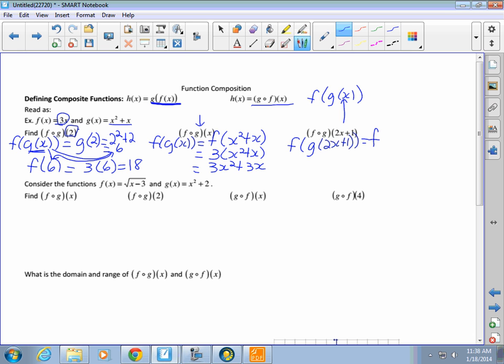So that means I'm still going to find the function of f, but I have to solve my g first. So my g was x squared plus x, so that means I'm going to have 2x plus 1, all squared, that's my x squared, plus 2x plus 1.